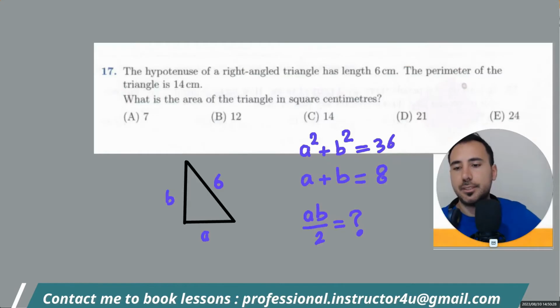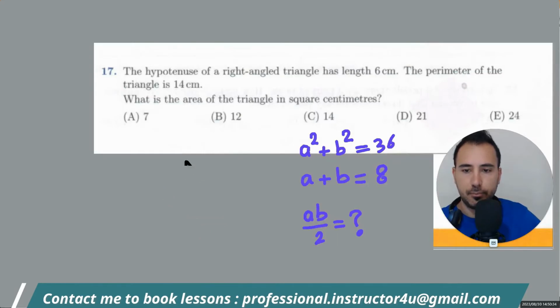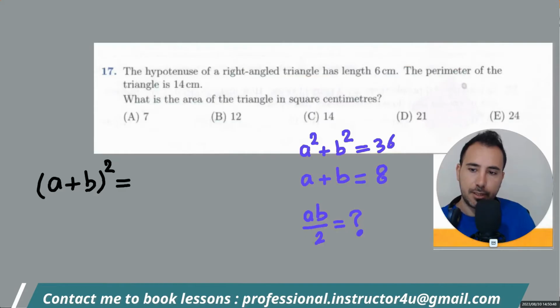After this, we no longer need this triangle, so I'm going to remove it here. So we just have to solve this now. It's not going to be difficult. All we have to do is have (A plus B) squared equal to A squared plus B squared plus 2 times AB.